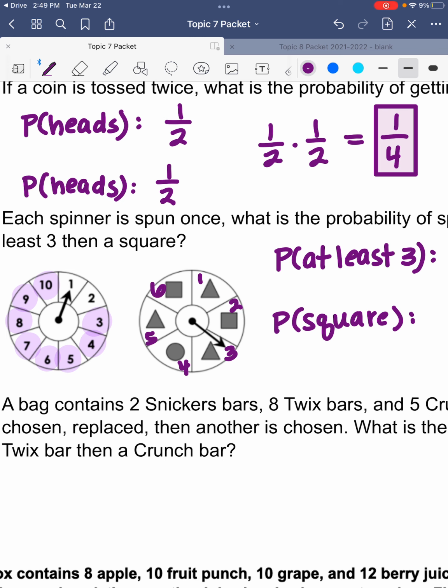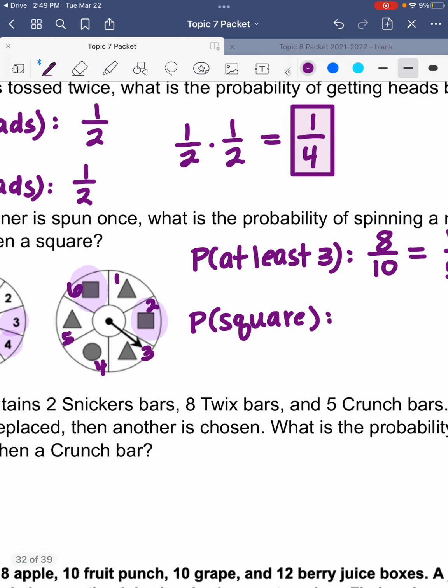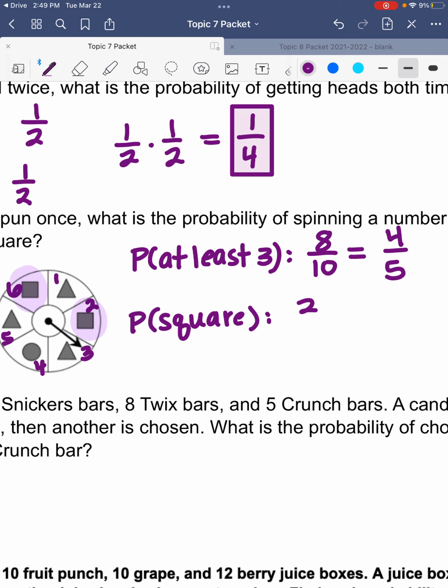So there are 6 sections, and how many of them have a square in them? Well, number 6 has a square, and number 2 has a square. So those are the only 2. So 2 out of 6. So 2 favorable outcomes out of 6 total outcomes. Does that fraction reduce? Yeah, 2 goes into both of those numbers. 2 divided by 2 is 1, and 6 divided by 2 is 3.